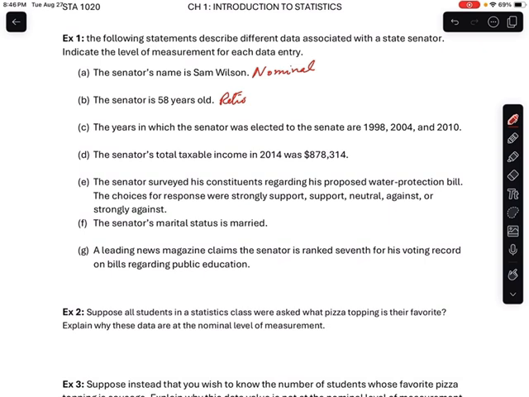What do we get when we subtract, for example, 2004 from 2010? We get 6. What does that tell us? It tells us that the senator was in the Senate for 6 years, so it makes sense. That's why we say this will be interval level.